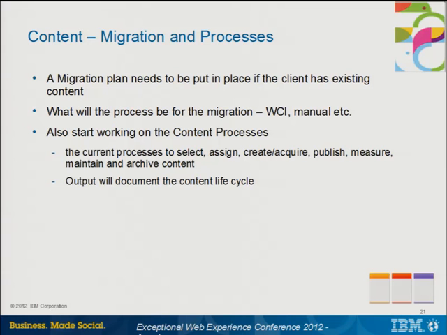Because if users go to the site and the content's out of date or not relevant, that's a terrible thing that would turn your users off, and they will just leave straight away, right?